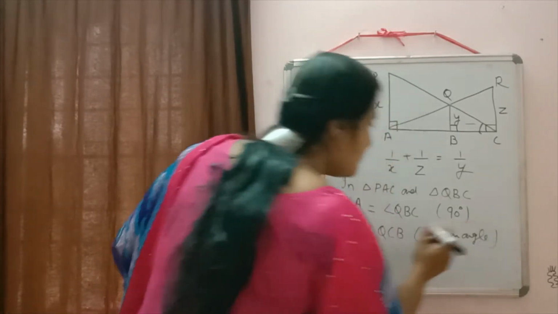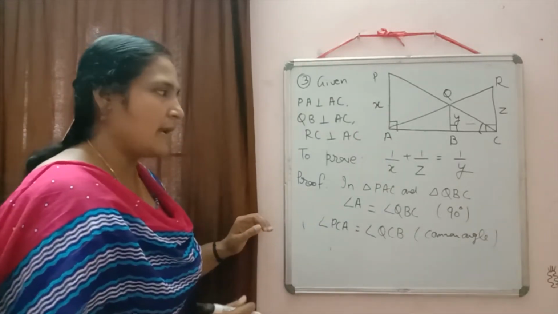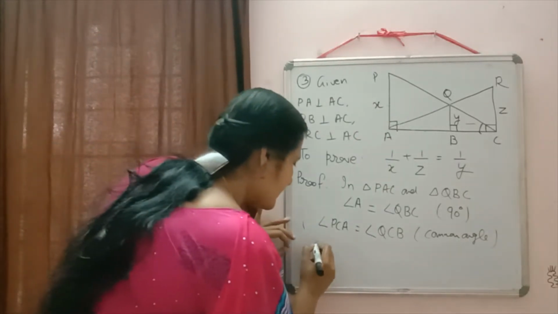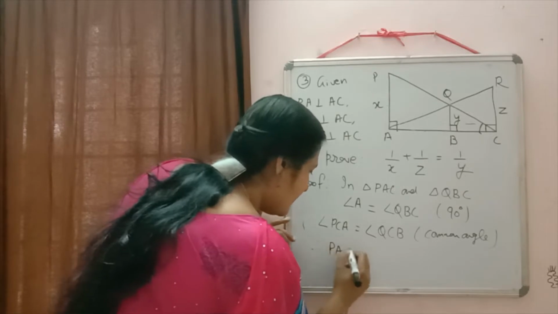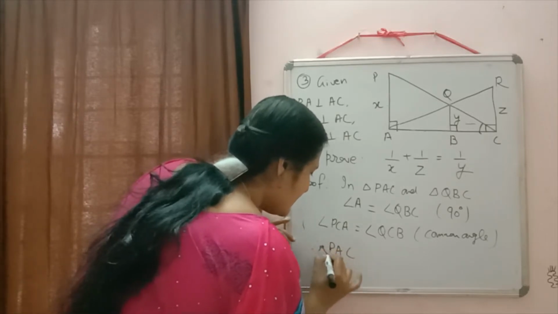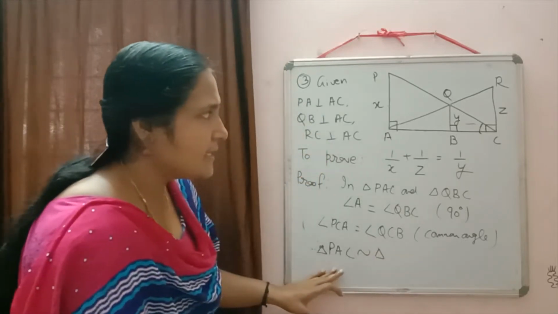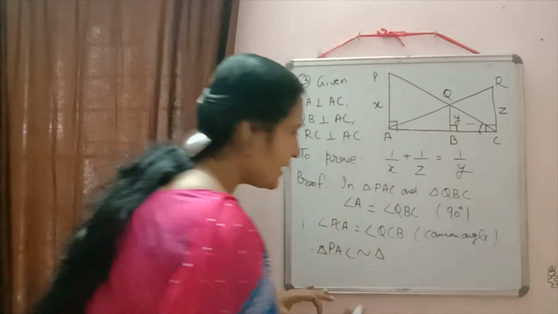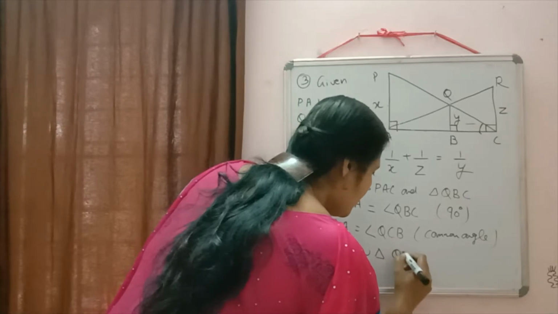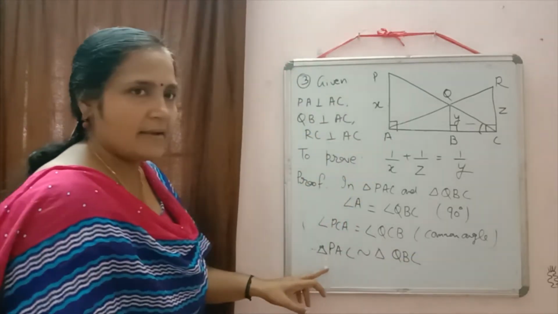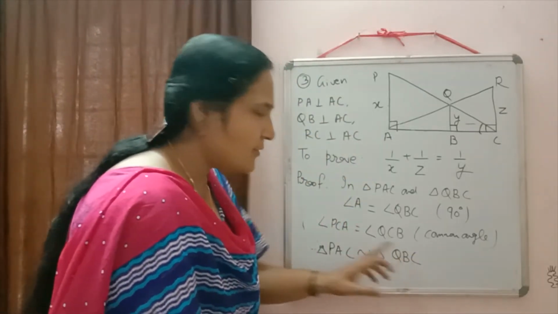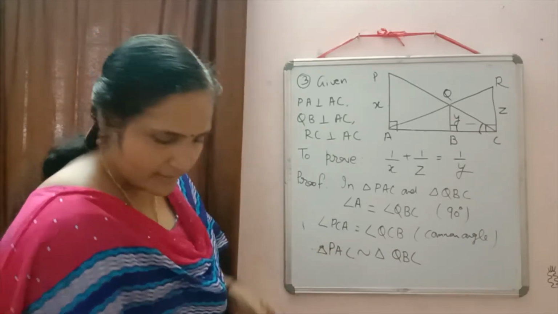So we got two equal angles in these two triangles. So what can we write? Therefore, triangle PAC is similar to triangle QBC.